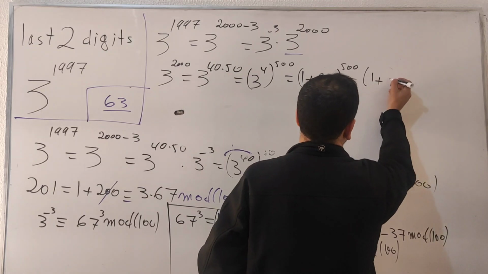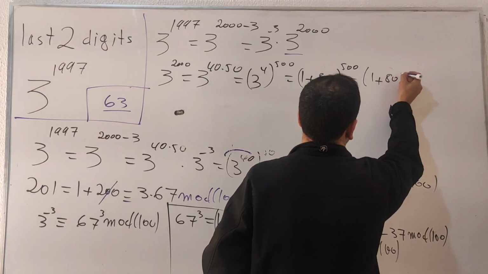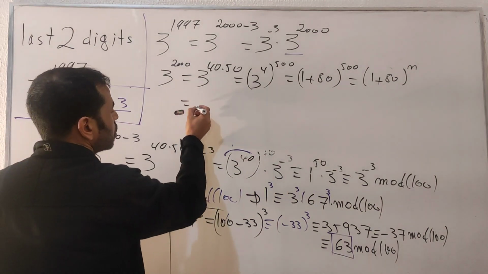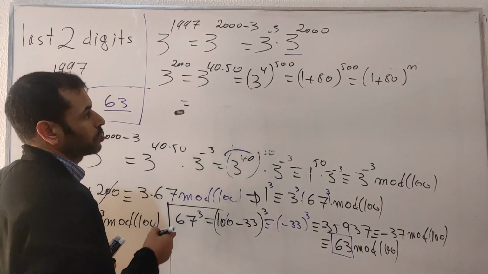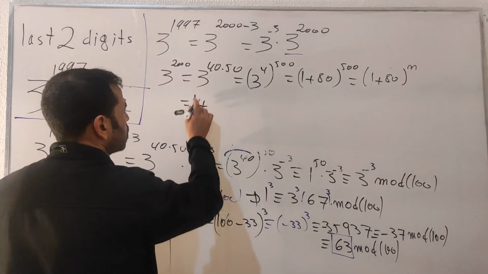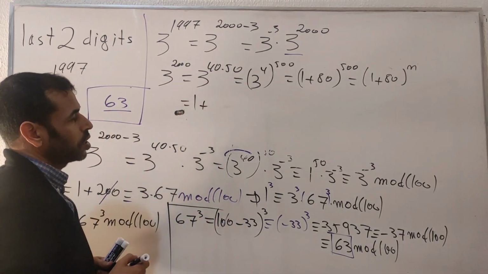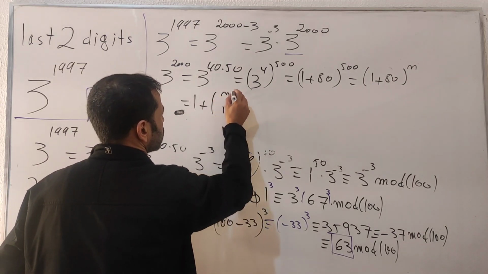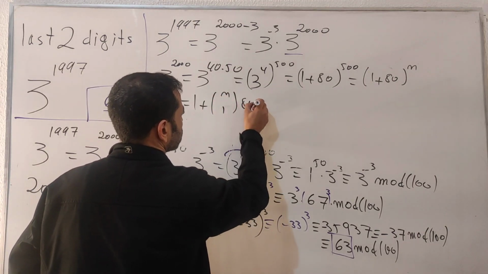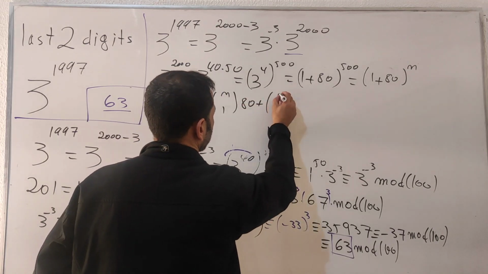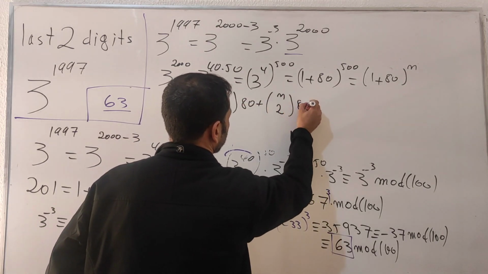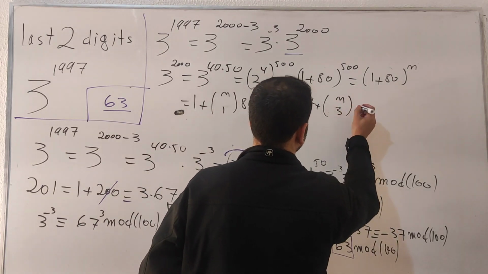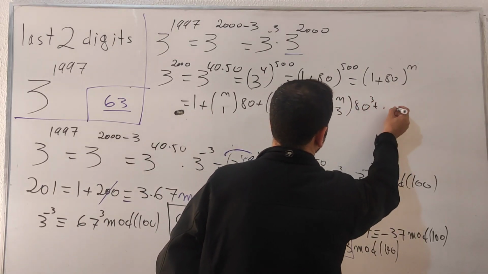By putting (1 plus 80) raised to the n, for example, let's transfer this into binomial expansion. I get here 1, which is n choose 0. The second term will have n choose 1 factor 80, plus n choose 2 factor 80 squared, plus n choose 3 multiplied by 80 cubed, and all the way down.